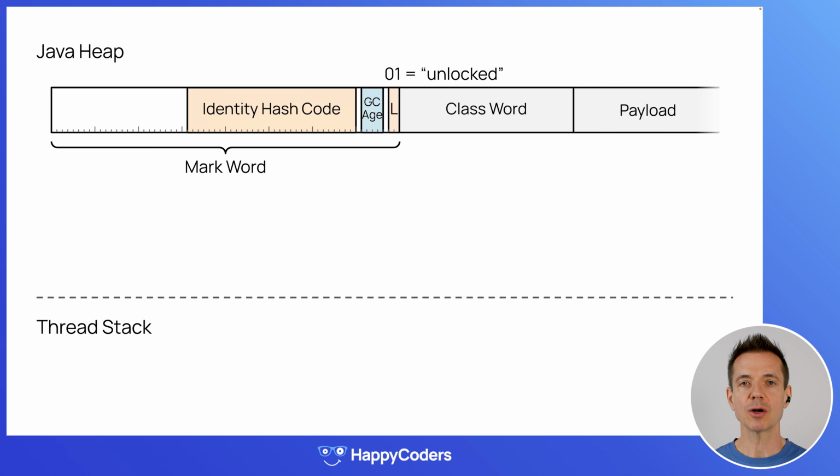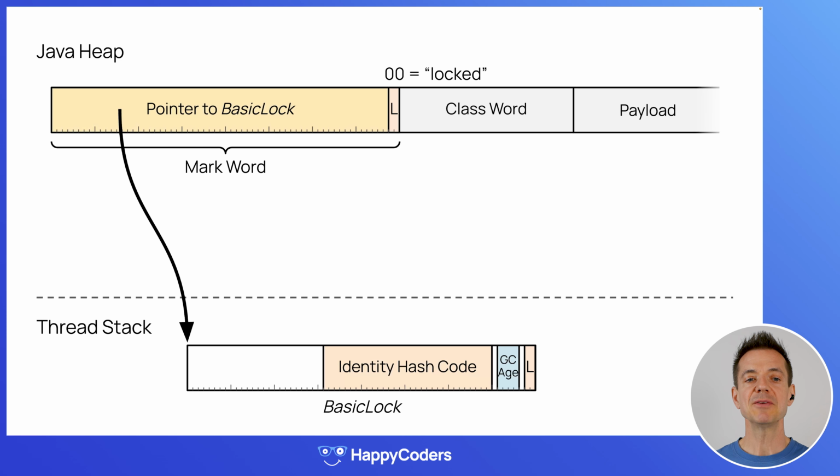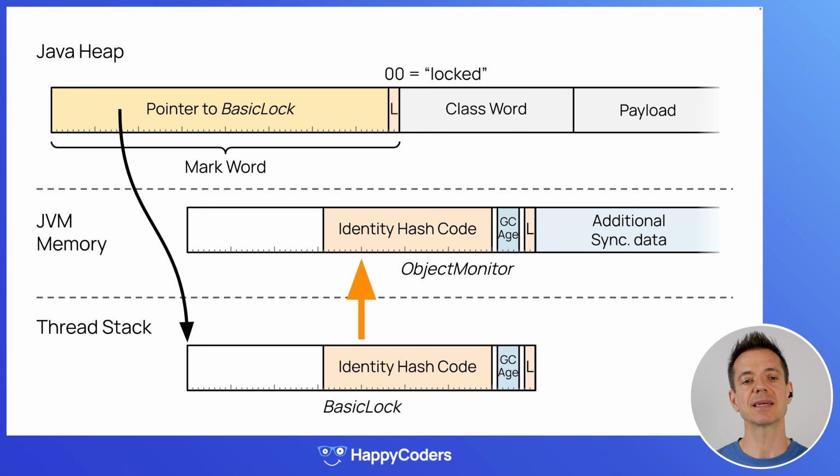Let me go back to the locked state once more. If another thread now tries to enter the synchronized block before the first thread has left it, the basic lock is replaced by a more complex data structure in native JVM memory, the so-called object monitor.